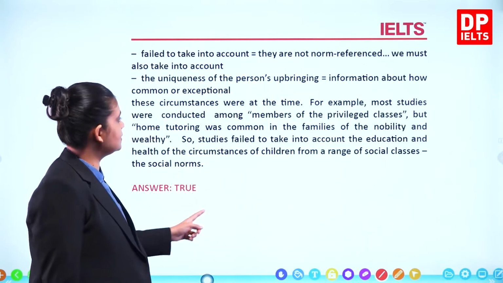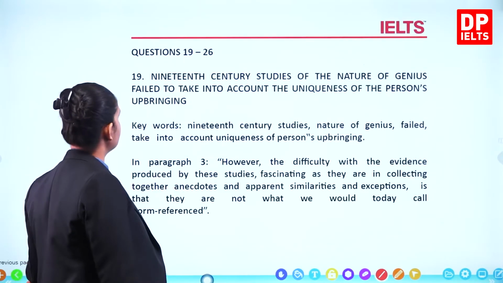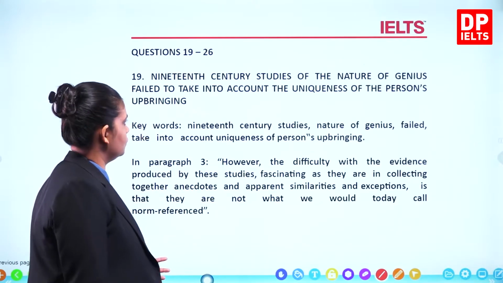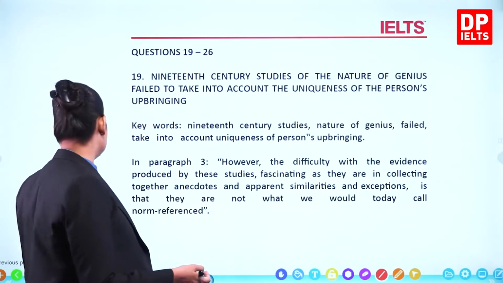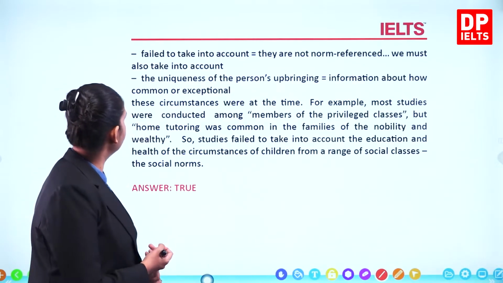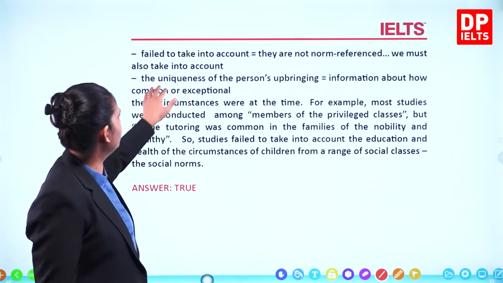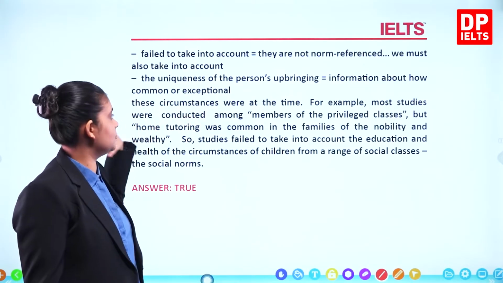So here the answer is true. Why is it true, right? Because it states that in the 19th century, the uniqueness of the person's upbringing, norm referenced, is clearly given to you there, okay. So the uniqueness of the person's upbringing is information about the common or exceptional ways.